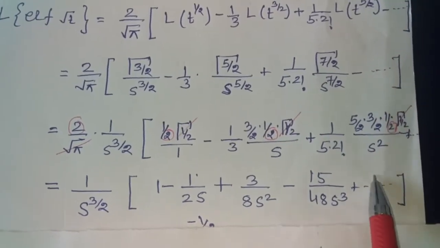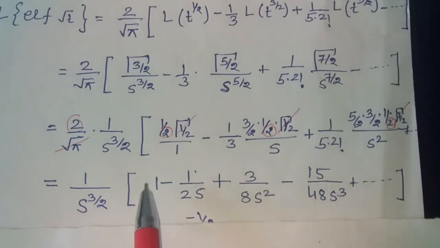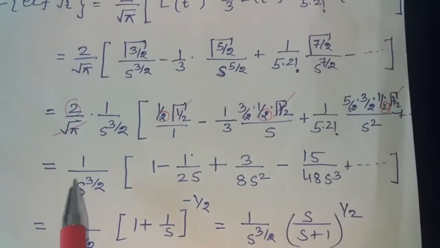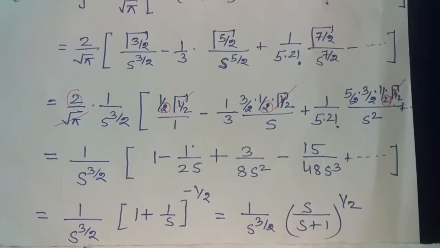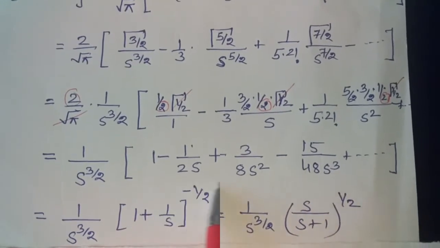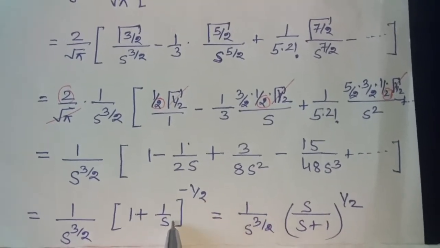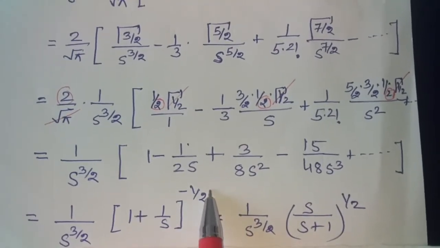Now this term can be expressed as 1 upon s power 3 by 2. This infinite expression is the expansion of 1 plus 1 upon s whole power minus 1 by 2.